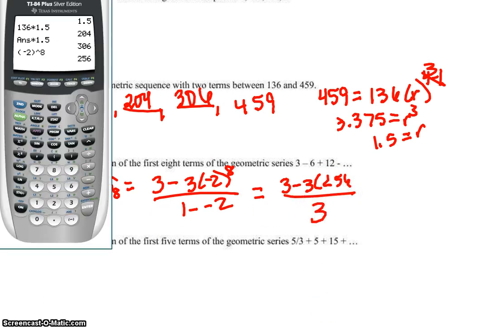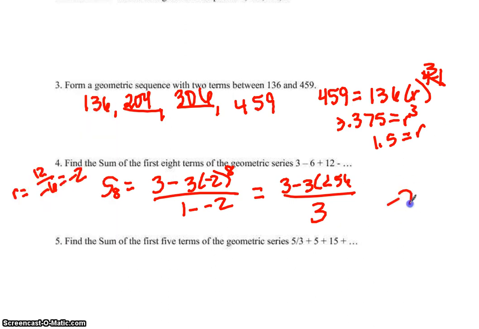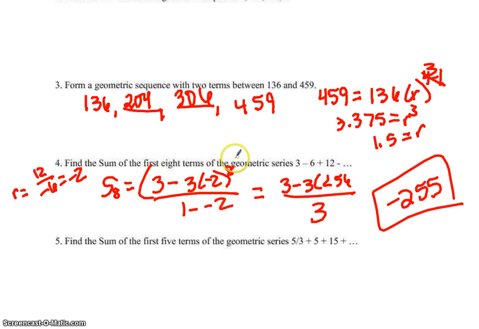So I would take my top and I would say 3 minus 3 times 256, enter, divided by 3, enter, and negative 255 is your answer. You don't have to break it down the way I did, but if you're going to do this, make sure you put parentheses around everything in the top and around everything in the bottom. Be careful if you just go straight to the calculator with it all.